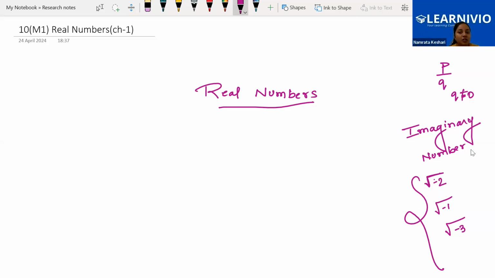That is called an imaginary number. These are all examples of imaginary numbers.